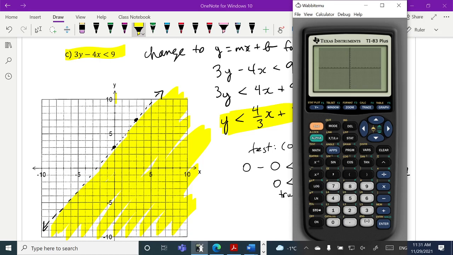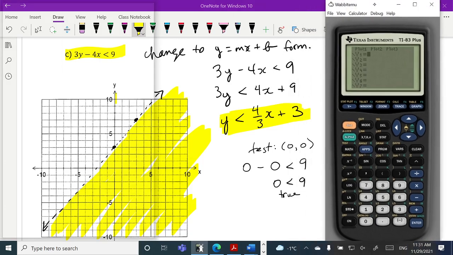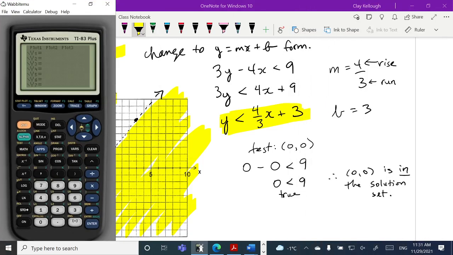Now you go to y equals, and you type in the equation we just did. 4/3, and 4/3 you're going to have to enter as a divide. 4 divided by 3 times x. Your x button's right here, up by the green button, and then plus 3. And then it's going to graph the line.